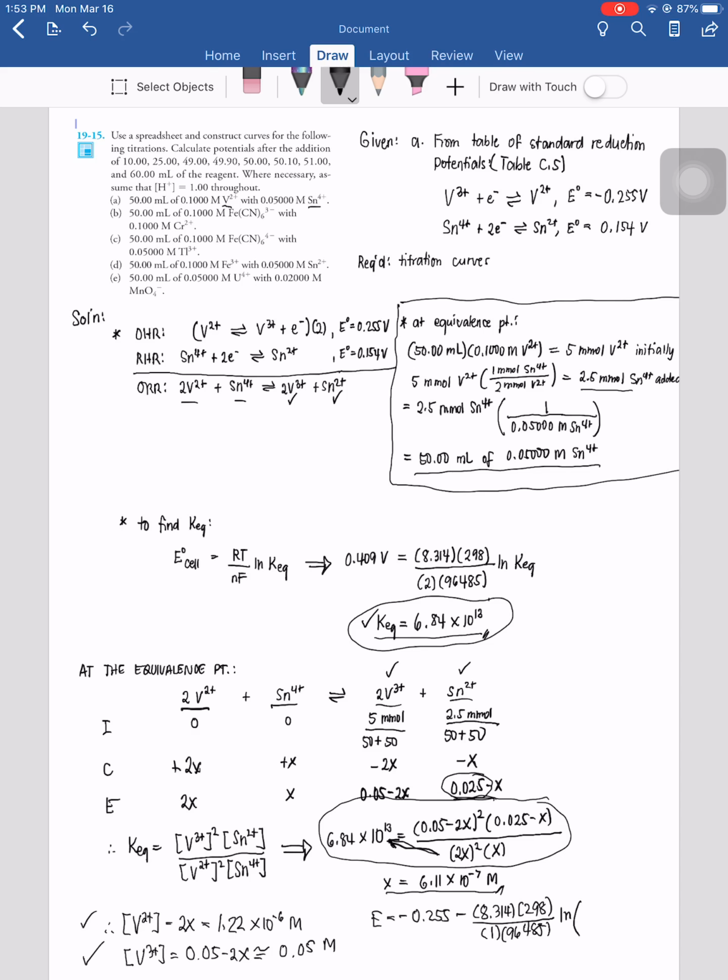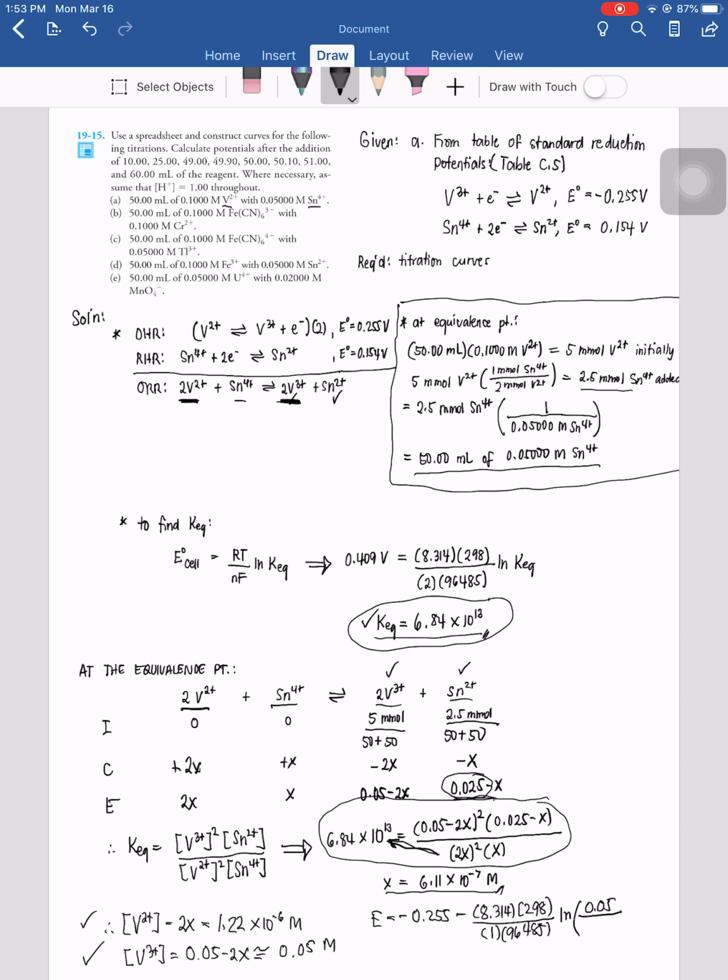Ln, the concentration of, from our overall redox reaction, vanadium-3 should be on the numerator. That's 0.05 divided by the concentration of vanadium-2.